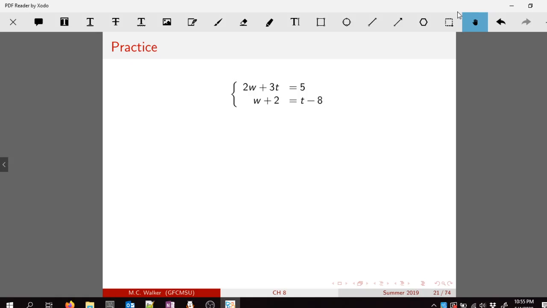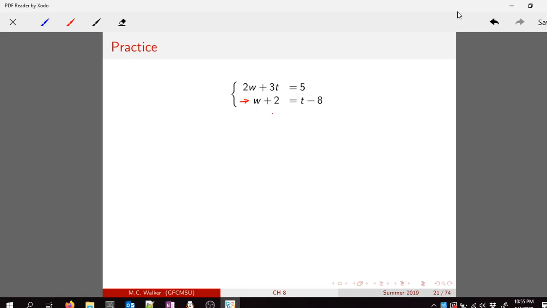Let's solve this system. I'm looking right here at this equation, and I'm thinking w is equal to t minus 10. Then we can substitute that into here and get 2 times t minus 10 plus 3t is equal to 5.